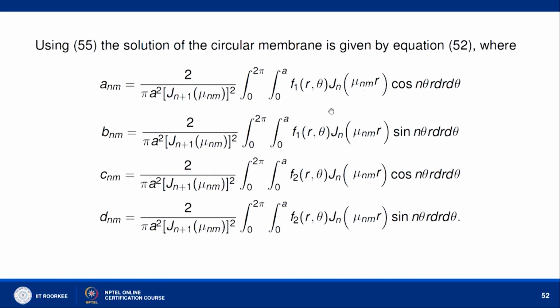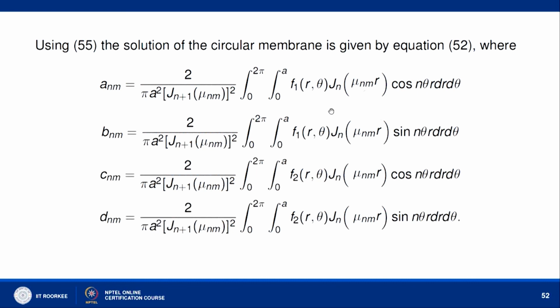And similarly b_nm you can write as 2 upon pi a square J_{n+1}(mu_nm) whole square into the integral from 0 to 2 pi, 0 to a of f1(r, theta) J_n(mu_nm r) sin n theta into r dr d theta. Similarly you can find c_nm and d_nm.